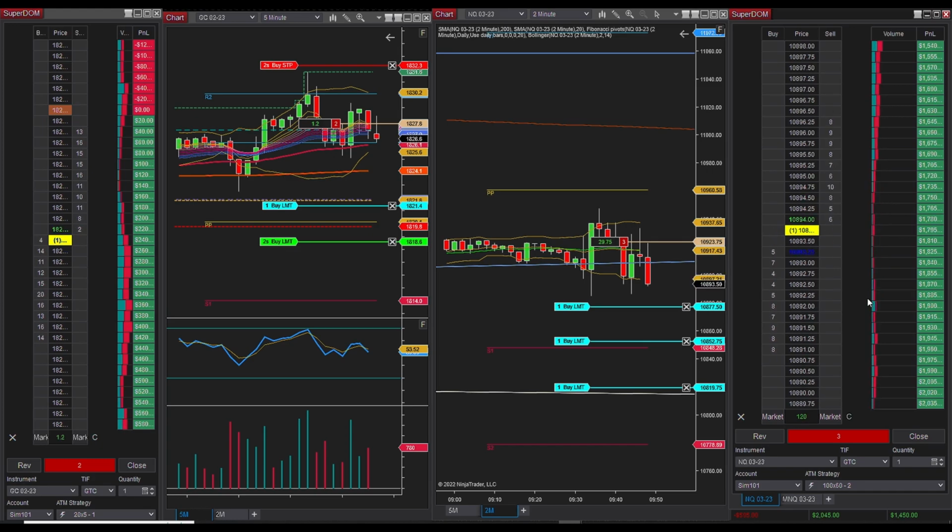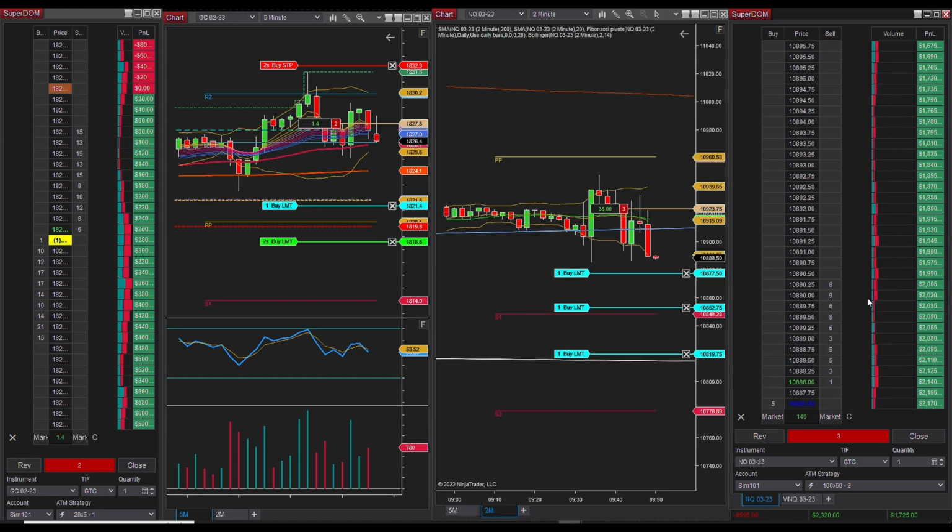So this is exactly what the market is doing now, the price is executing that order and heading in that direction. That's good. Yeah, beautiful.